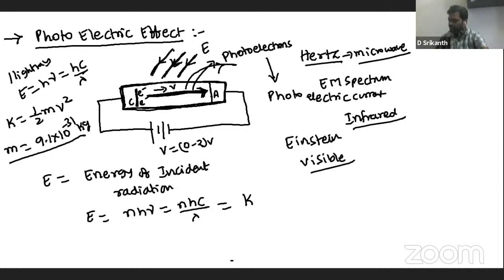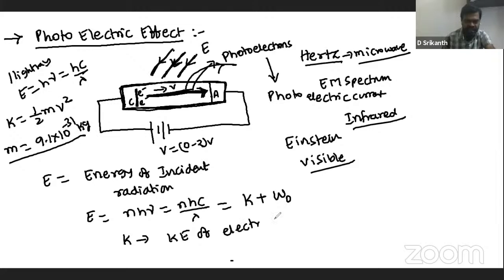So the minimum energy required by the metallic surface to escape electrons from the metallic surface can be called work function. K is kinetic energy of electrons, and W naught can be called work function.